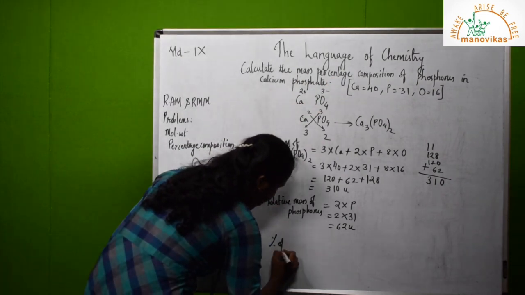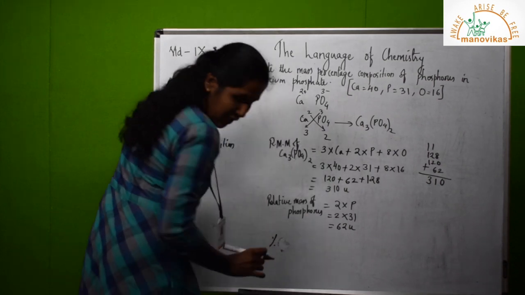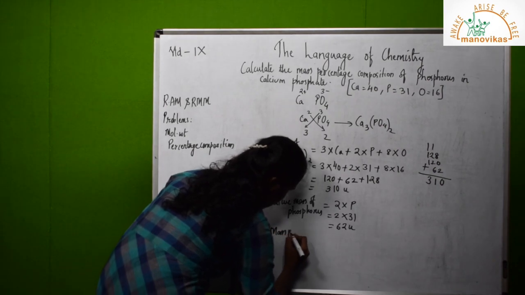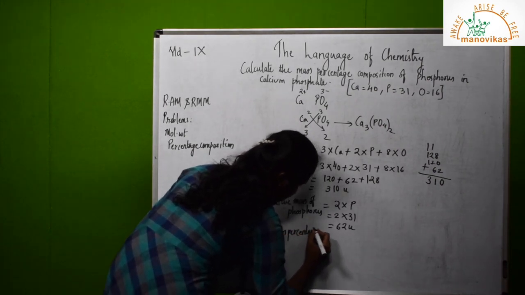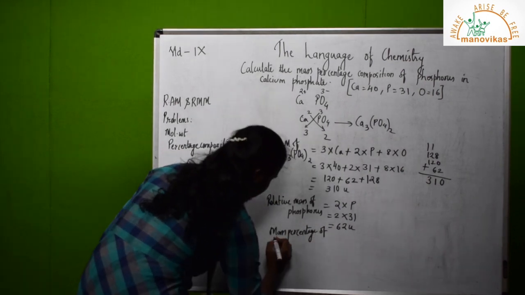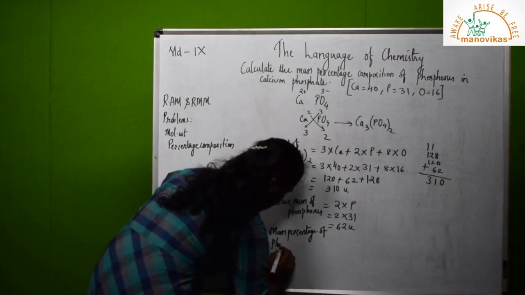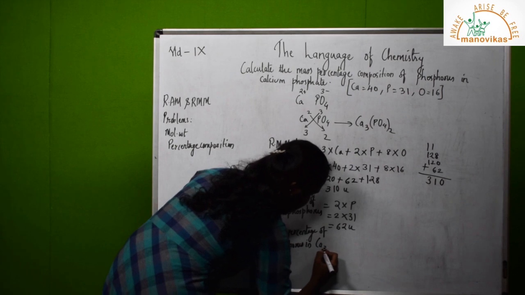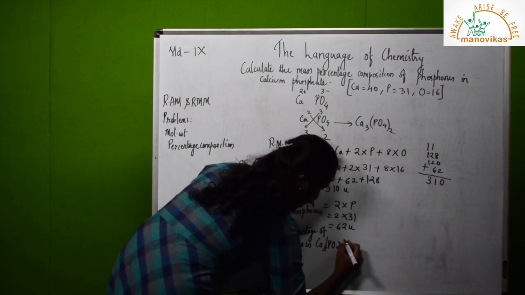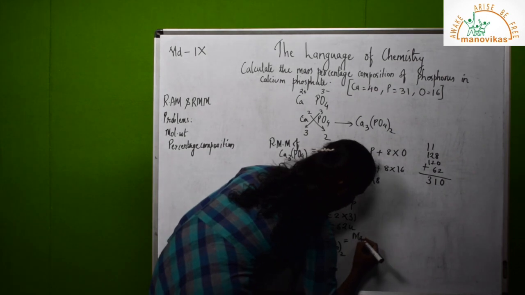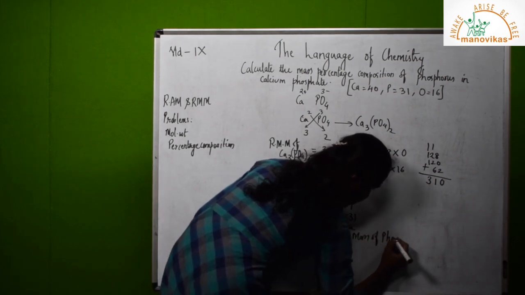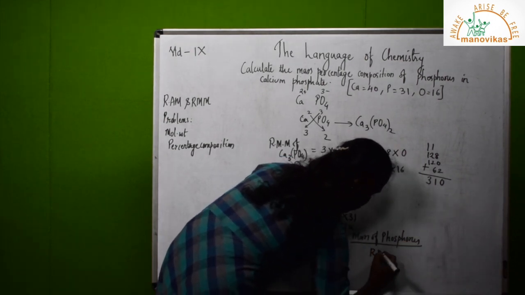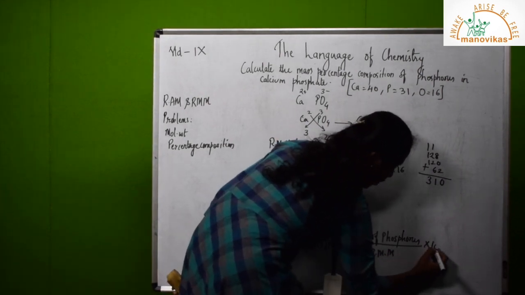So the mass percentage of phosphorus in calcium phosphate is equals to mass of phosphorus upon the relative molecular mass into 100.